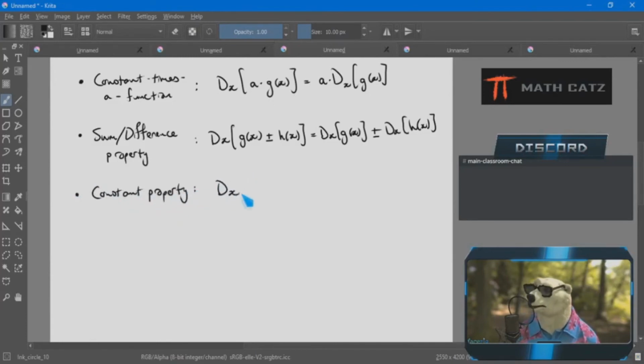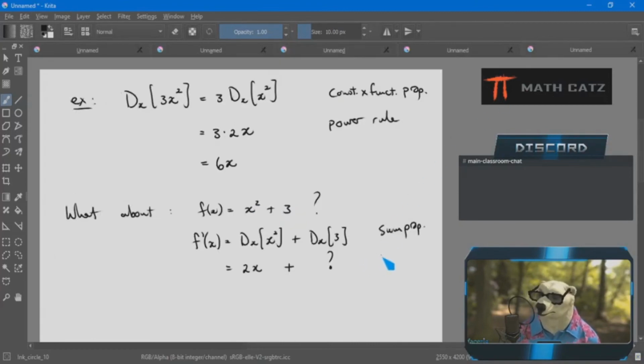It's going to tell me what to do if I just have the function equal to a number. And of course, for the other term, I have the power rule done.